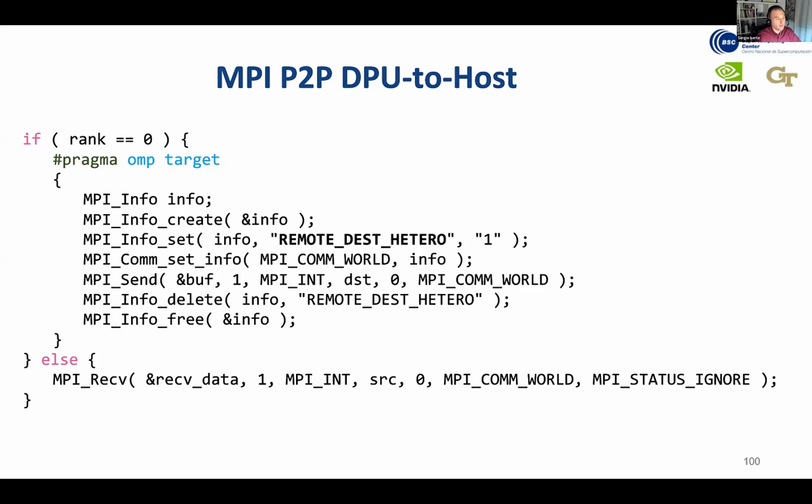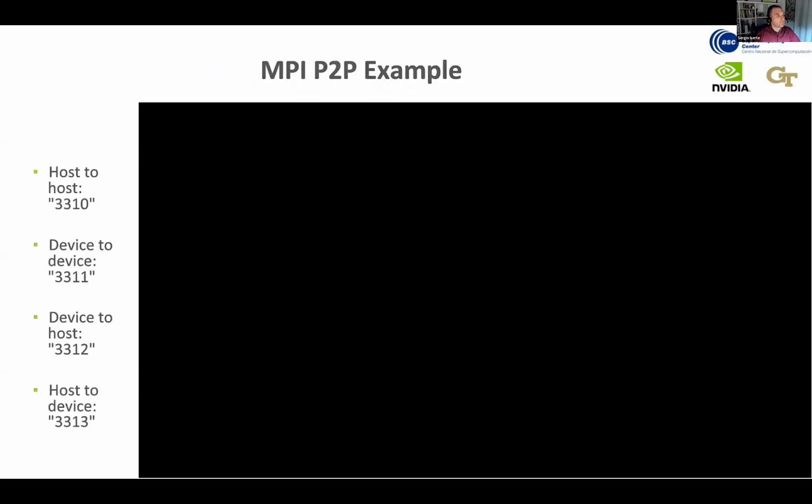It's going to be a cross-device send. So if we send with the remote destination heterogeneous, it means that if we are in a DPU, the destination will be a host. So rank 0 will send the data from the DPU, and this data is received by rank 1, from the host.